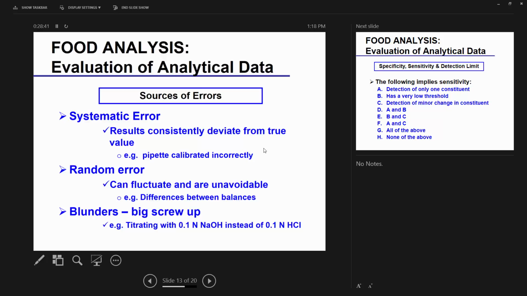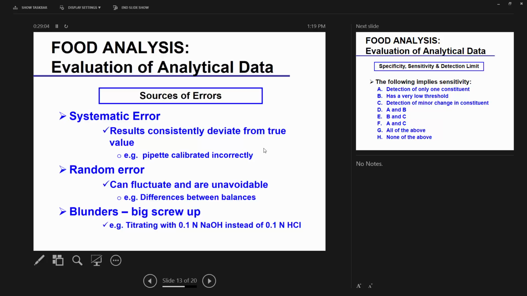So your results are consistently deviating from the true value, however, they might be very, very precise. So you would go, oh, I'm not doing anything wrong. Look at my data, it's very precise, but it doesn't make sense. Then you go back and search for the error that caused this hidden mistake.